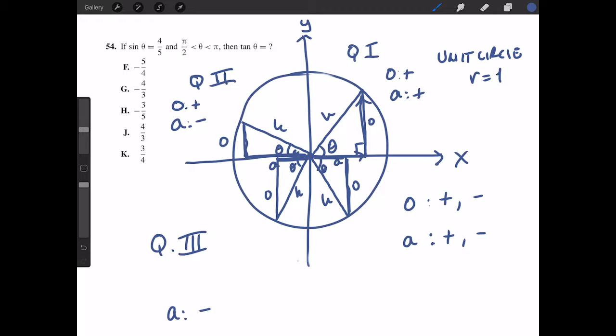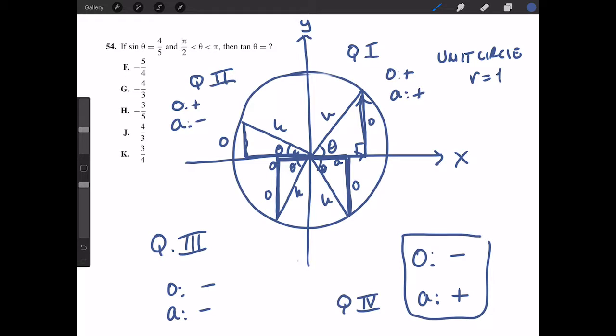We have the adjacent side, which is to the left of the y-axis, so that's also negative. But look at the opposite side is below the x-axis, so the opposite side is also negative. Now, when we go to quadrant 4, the opposite side is going to be negative because, again, it's below the x-axis, but this time the adjacent side has now switched signs and is, again, positive.